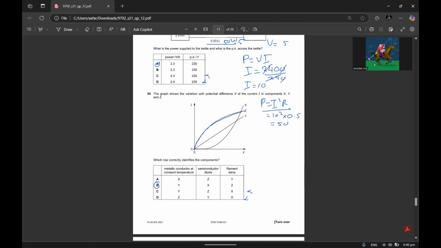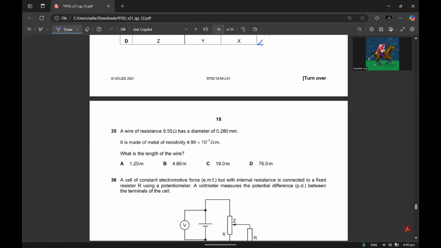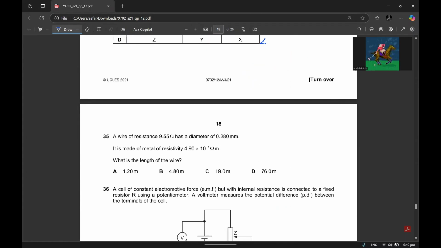Now, okay, let's continue where we left off. A wire of resistance 9.55 ohm has a diameter of 0.28 millimeter. Given the resistivity, what is the length of the wire?